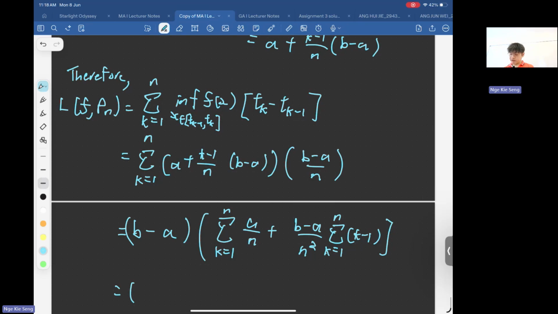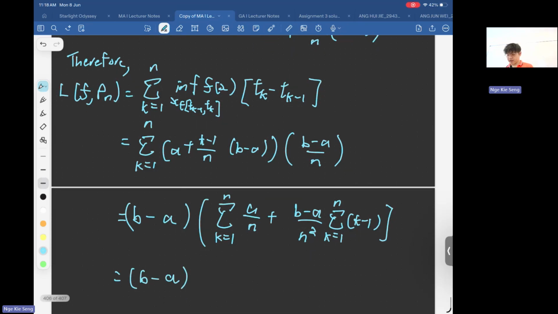For the first sum it's easy, right? You just add up a over n, n times, because there's nothing depending on k. So this one is just n times a over n. But the other one is a little bit involved.